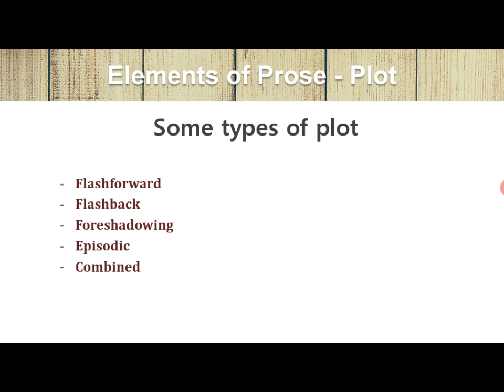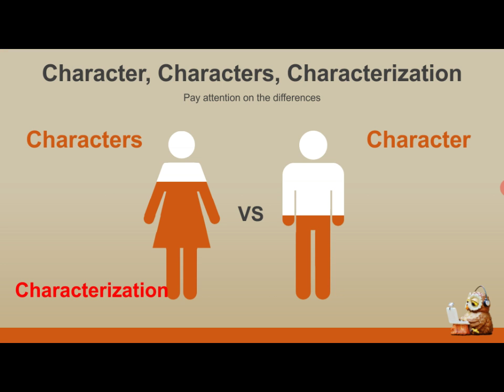So for example, if we consider the first as 1993, it goes back to 1978 and moves forward to 2026. So that's not flashback, not flash forward, and not foreshadowing. That's episodic, but the way it is served could be recorded as a combined plot. Those are the explanations about plot and the types of plot.